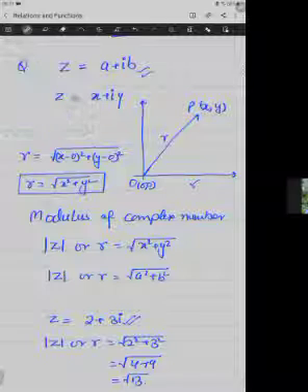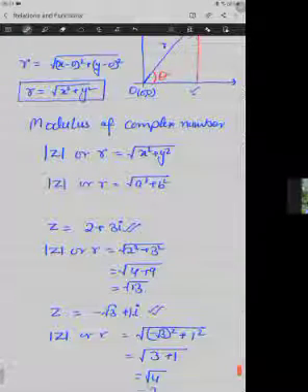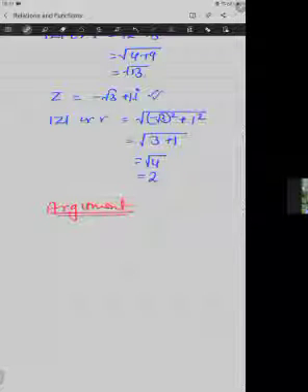Now after calculating the modulus, they may ask us to calculate this angle theta. The angle theta is known as the argument of a complex number.